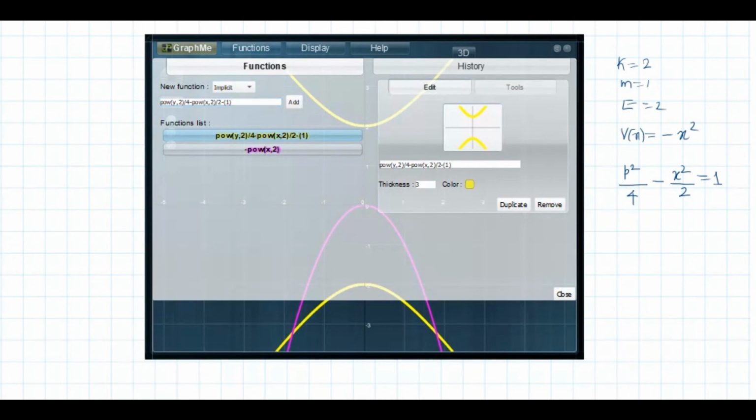For negative energy, I will first evaluate what its value is. Suppose E equal to -1. Then this becomes p square divided by root 2mE whole square, minus x square divided by -1, equal to 1, right?